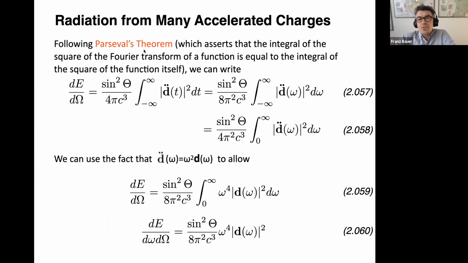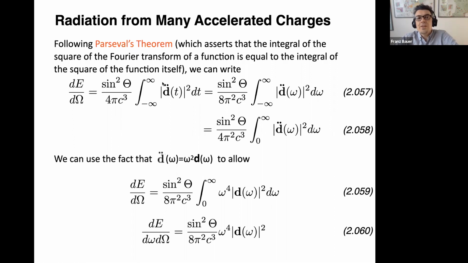So we use Parseval's theorem. This Parseval's theorem asserts that the integral of the square of a Fourier transform of a function is equal to the integral of the square of the function itself. And so we can rewrite the change in energy as a function of solid angle as sine squared theta, and then the integral of this acceleration over time for all time.